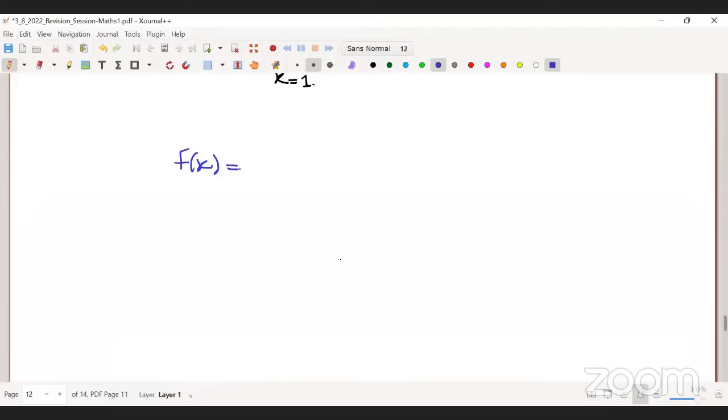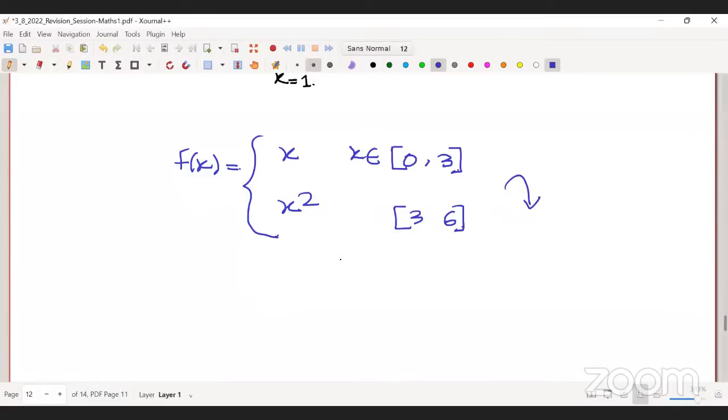Let me do it. Let's say this is your function x in the interval 0 to 3, and this is x square in the interval 3 to 6.